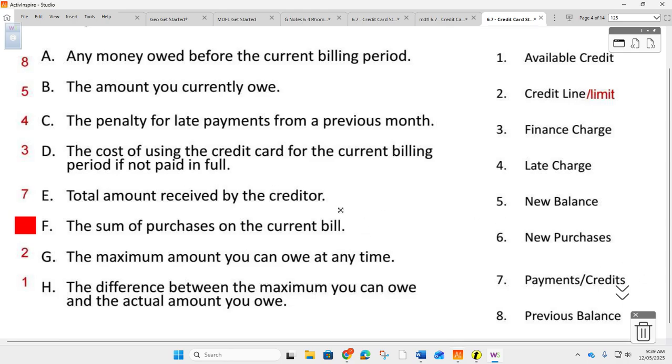So the creditor is a credit card company, and you are paying them, or what's coming back to them. It reduces the amount you owe to them. And then the last one, the sum of purchases on the current bill, are your new purchases. Credit line and credit limit are the same thing, by the way.